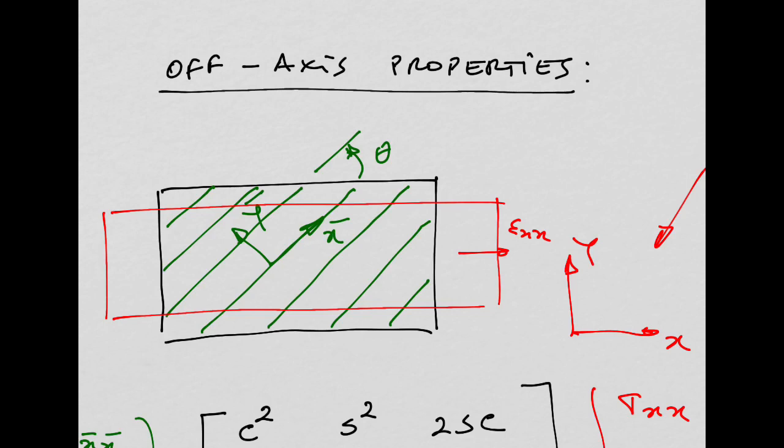We need to get the stress tensor in this local coordinate system of the lamina, this x bar, y bar, so then we can assess if this ply is going to fail or not when I apply a loading in the global coordinate system, because usually we apply a load in the global coordinate system, right?